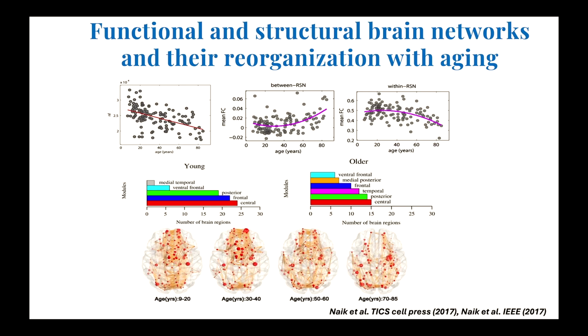That also happens because the number of modules for the younger individuals seems to be much less compared to elderly individuals, which means that these modules are getting broken, creating new modules.